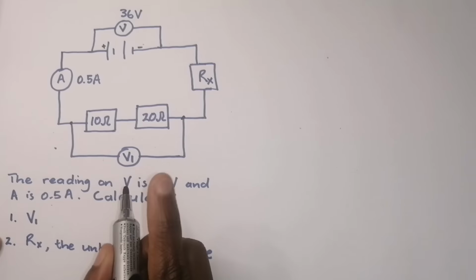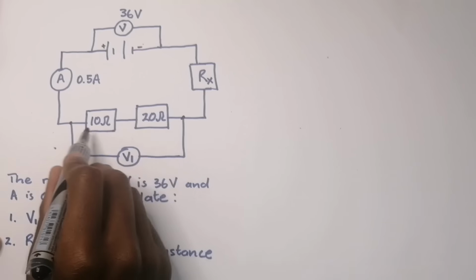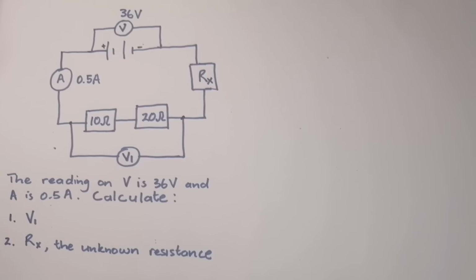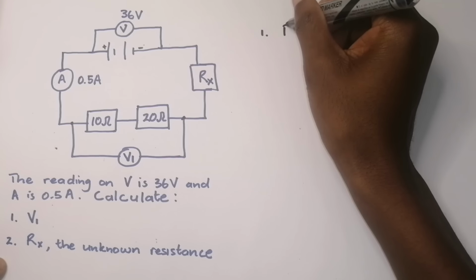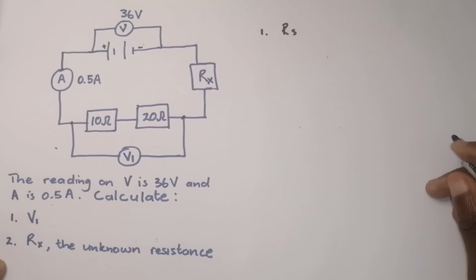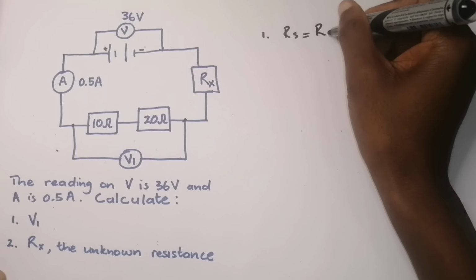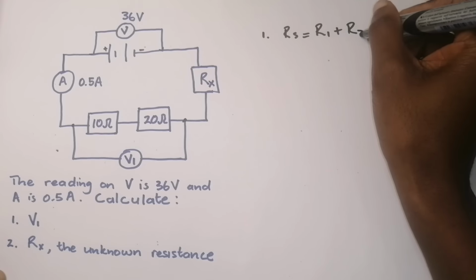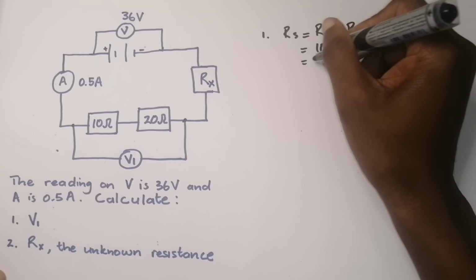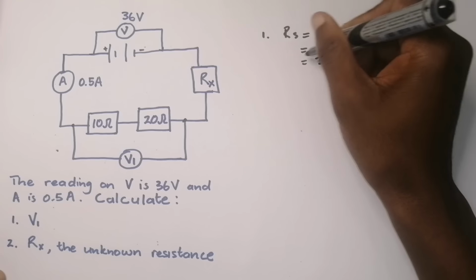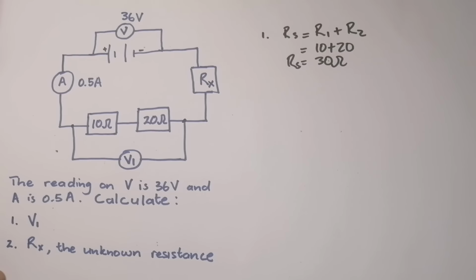We know those two are in series, so we're just going to add them up. R series is R1 plus R2, so that's 10 plus 20, which gives us 30 ohms. That's that series combination there.